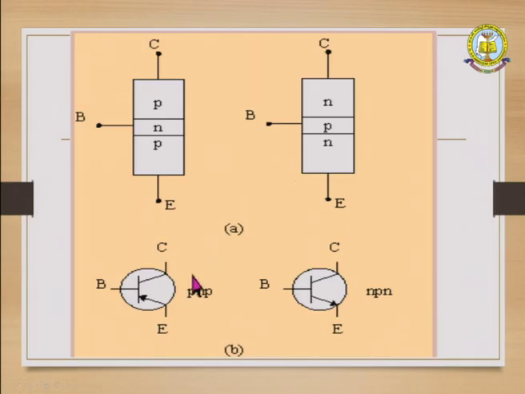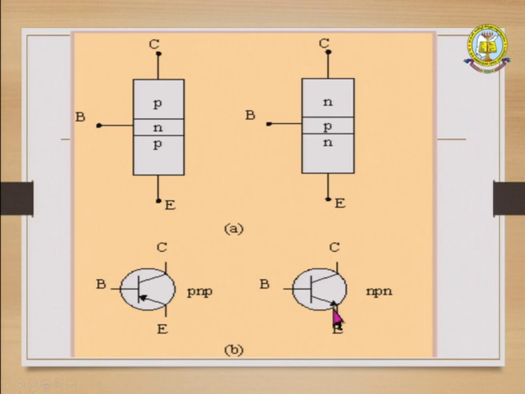Further, you use the transistor with three terminals: base, emitter, collector. Here are the PNP symbol and the NPN symbol. The difference is the arrow mark: in the PNP it points this side, and in the NPN symbol it points this side.